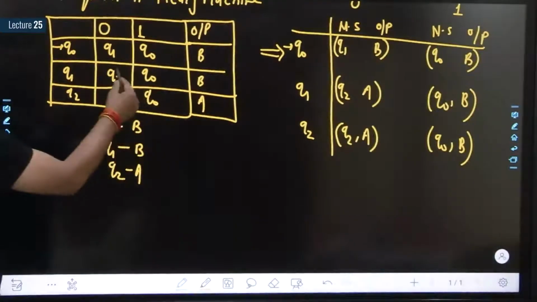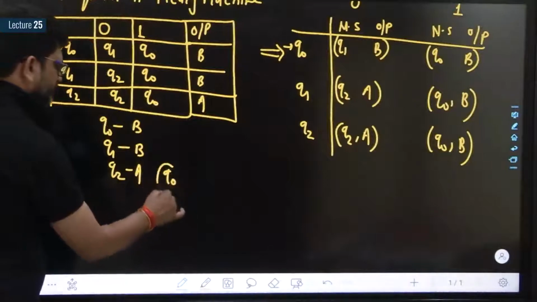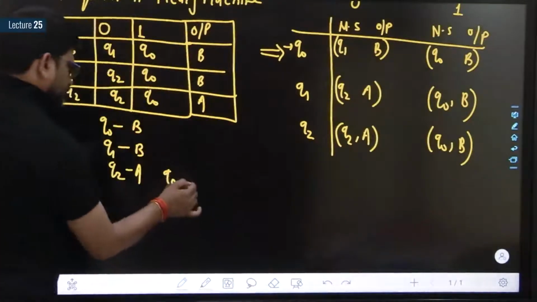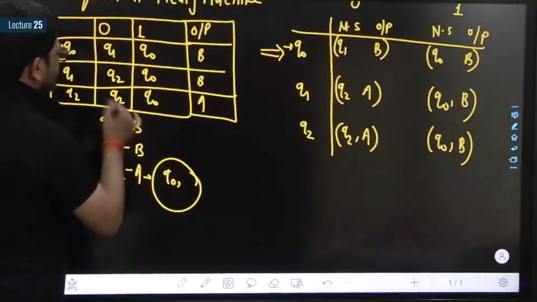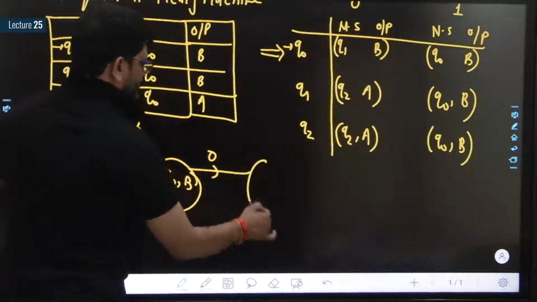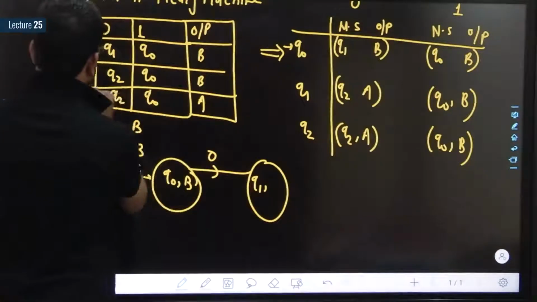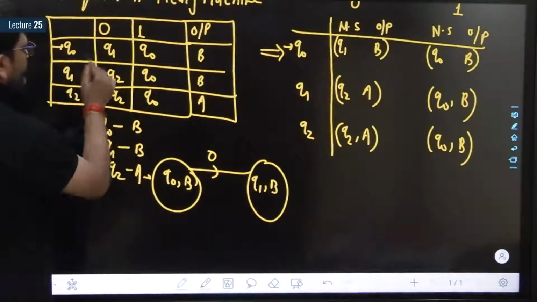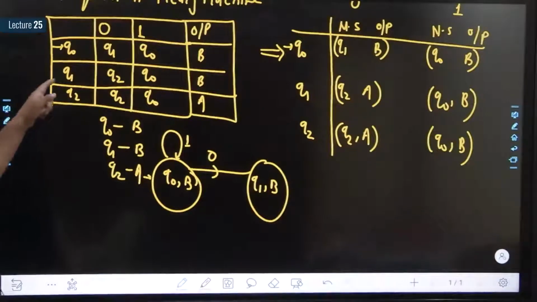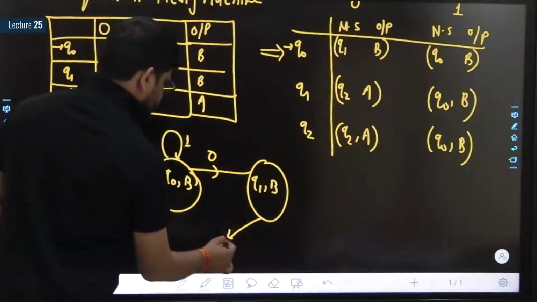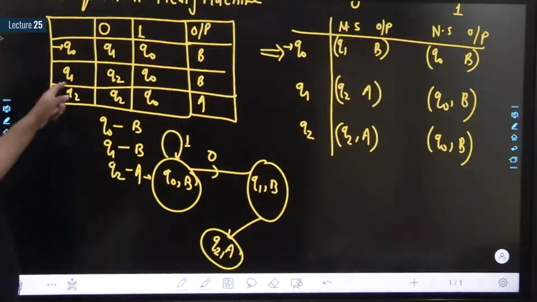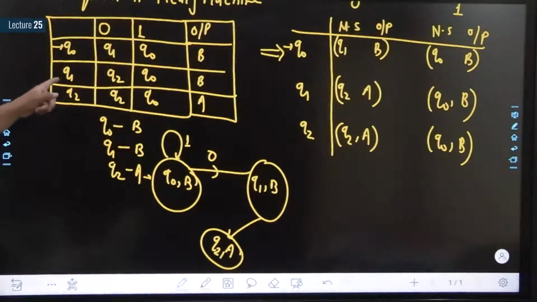What is the transition diagram for this? Q0, Q0 output is associated with B, on 0 Q1, output associated with Q1 is B. Q0 on 1, Q1 on 0, Q2 output is associated with A. Q1 on 1, Q0.